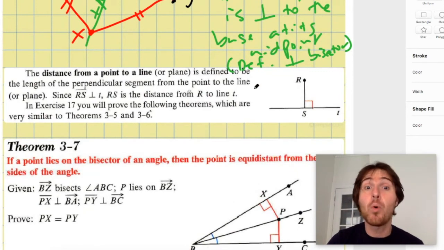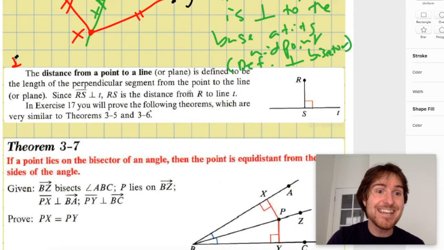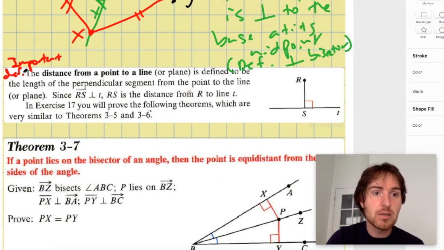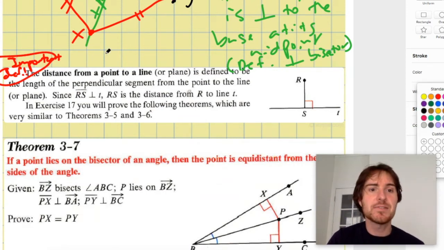theorems, there is an important definition. Let me highlight this right down here real quick. This is an important definition, and the definition is for the distance from a point to a line.